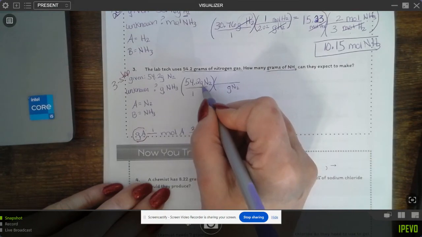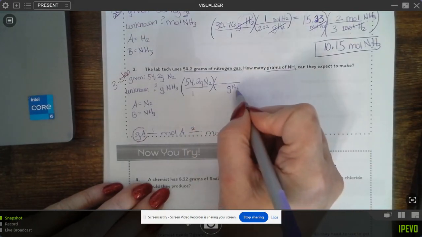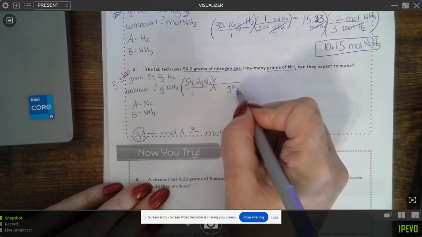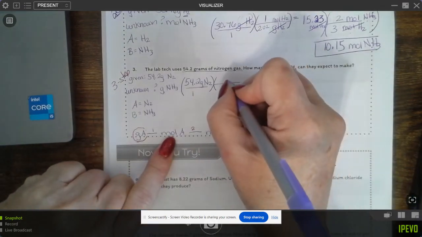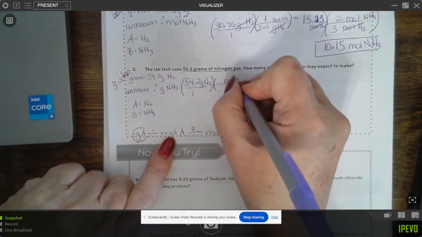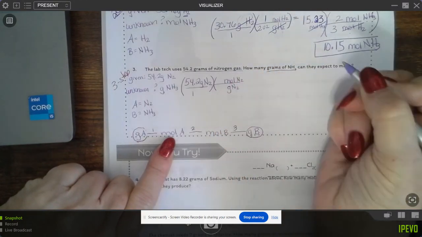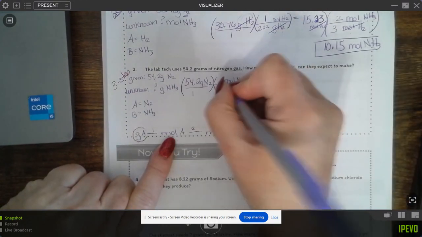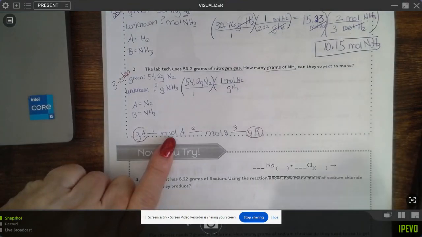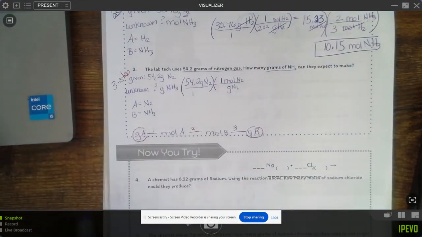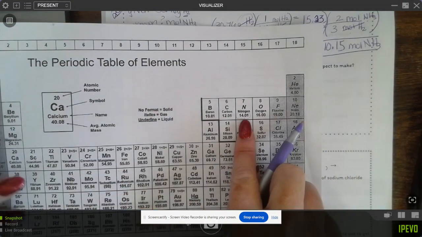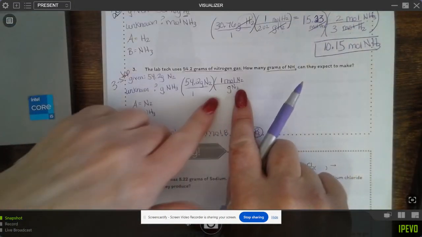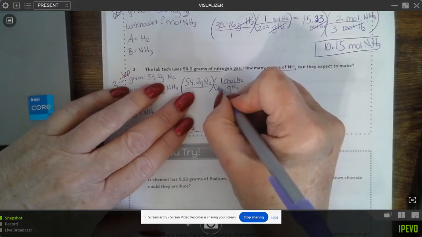Grams of nitrogen is on top, so I know grams of nitrogen has to go on the bottom, so it will cancel. And that means that moles of A go on the top. So moles of nitrogen, and that's just going to be 1 mole, because 1 mole of nitrogen has a mass of 14.01 times 2, so 28.02.